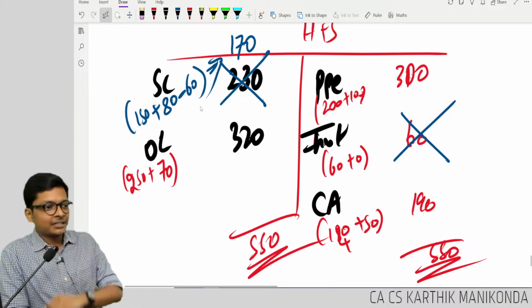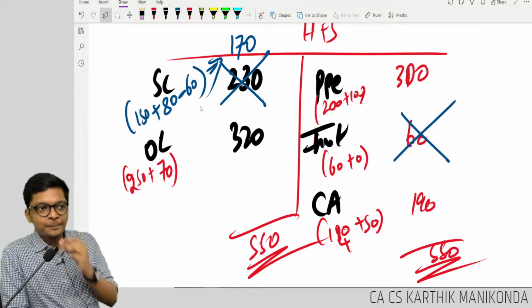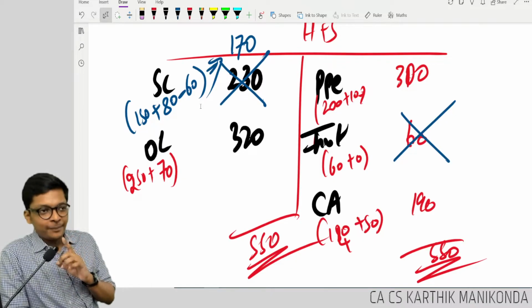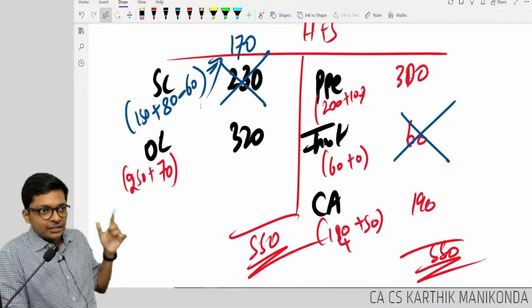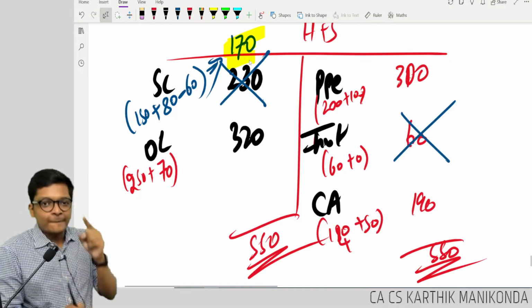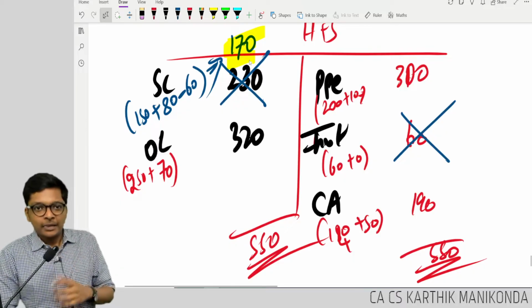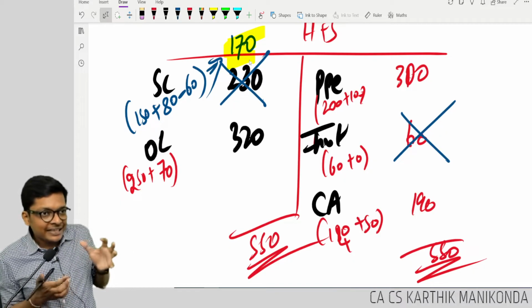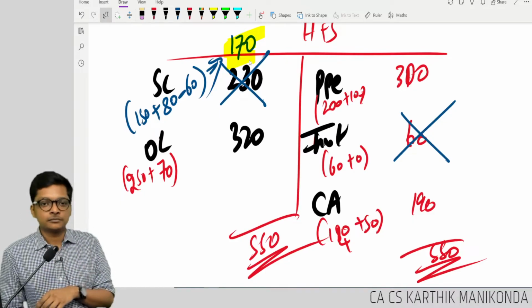Are you following the third case? Does this make sense? No. I told you share capital makes sense in cancellation, but logically how can share capital be 170? Because Anjana gave us only 150. Anjana gave Adidas only 150.